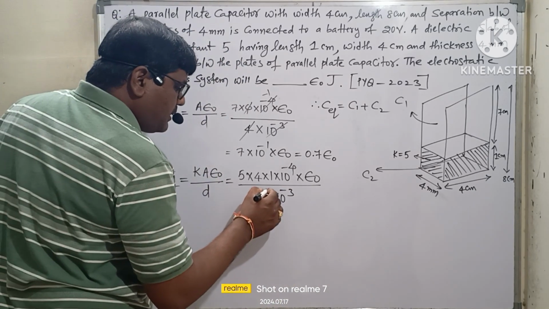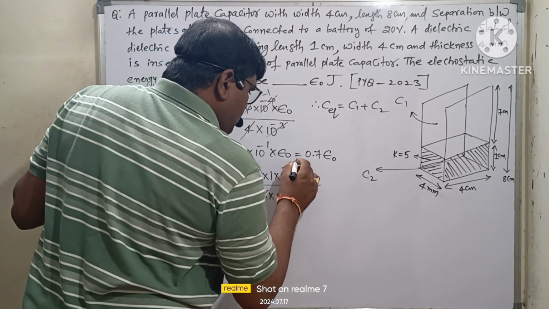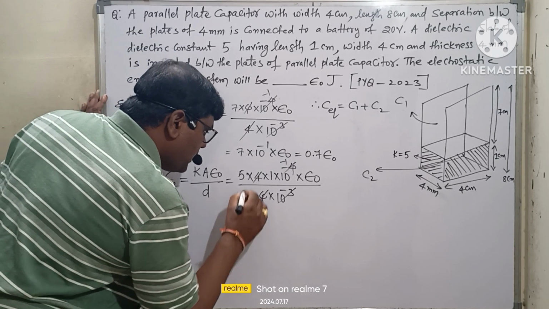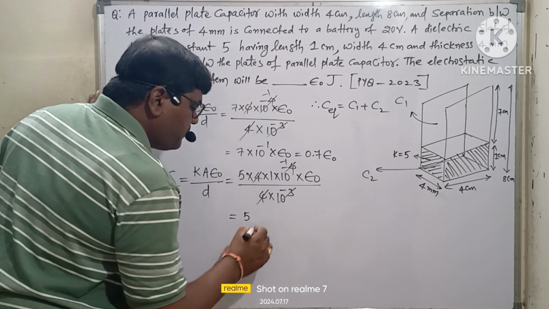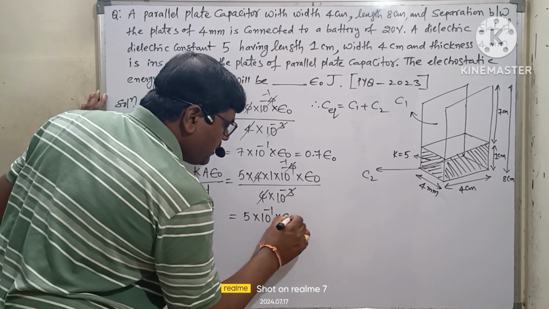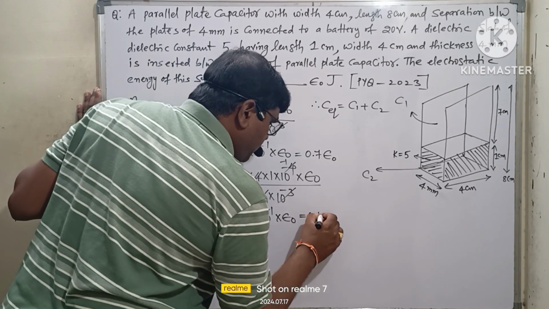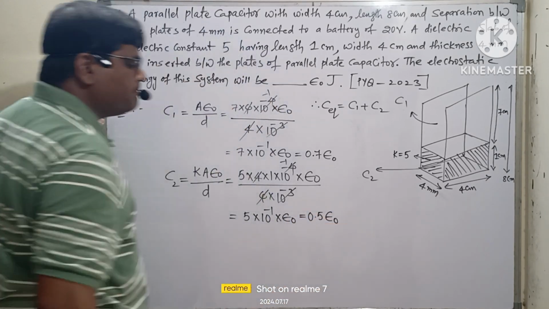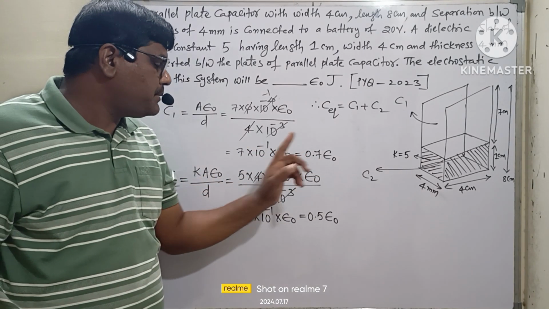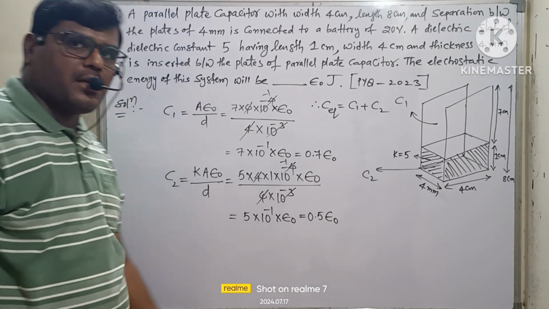The 4s cancel, and the powers of 10 also cancel. Finally we get 5 into 10 to the power of minus 1 into epsilon naught, which is 0.5 epsilon naught. So C1 is equal to 0.7 epsilon naught, and C2 is equal to 0.5 epsilon naught.